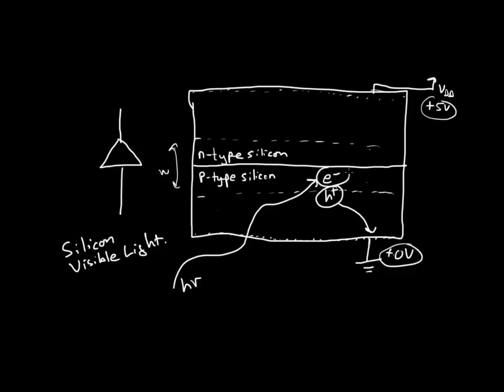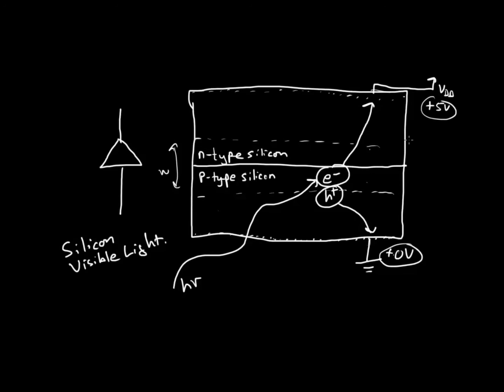The electron is going to feel an electric field and try to go towards that plus 5 volts. That's what happens. We have a fully depleted volume of silicon. There's an electric field, and these charged particles will move according to that electric field.